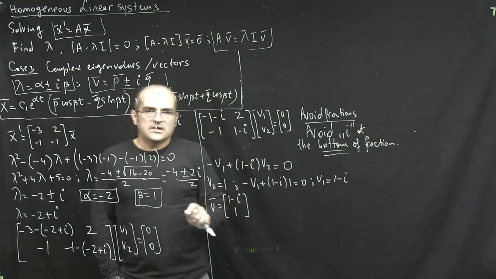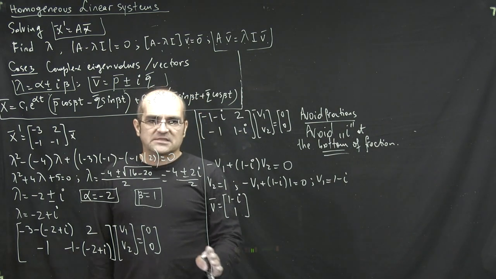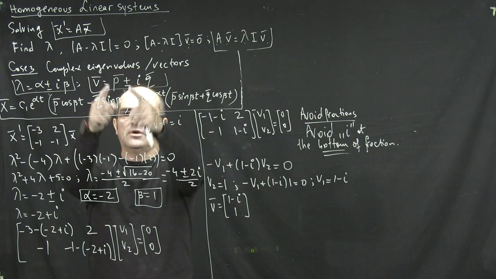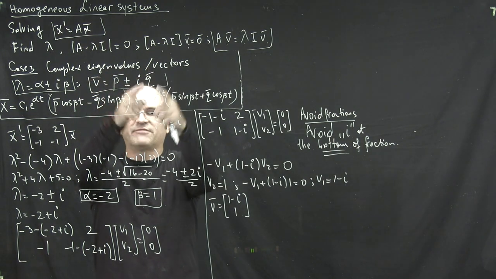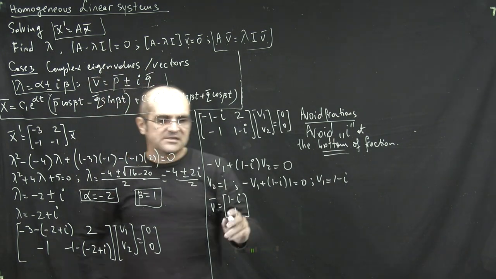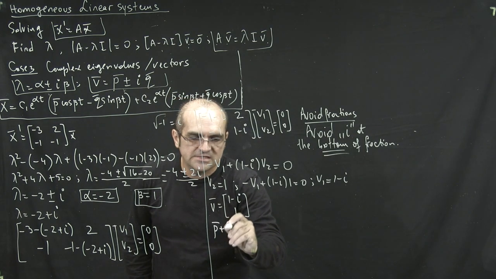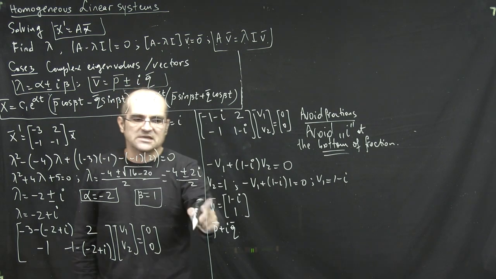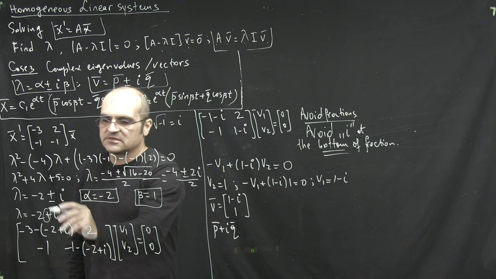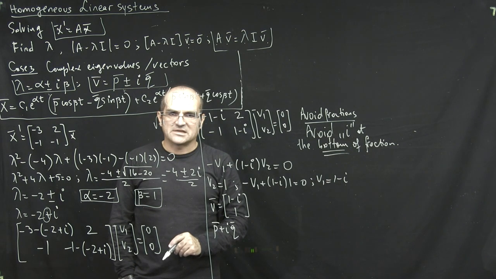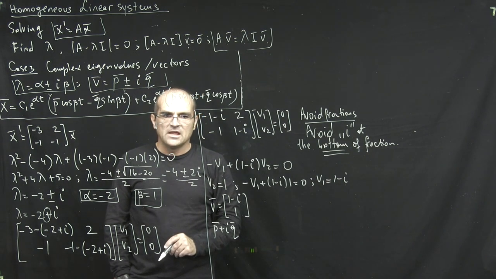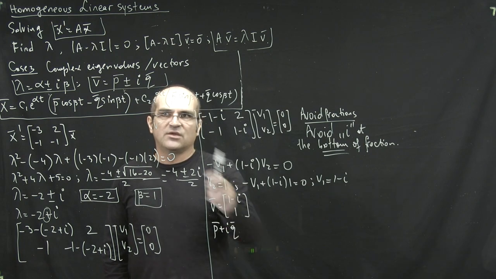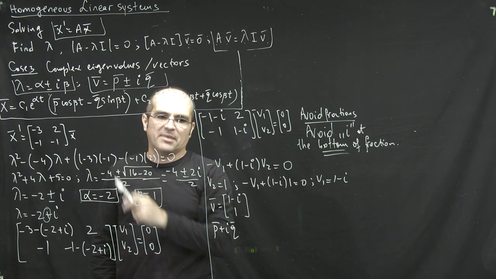Here's another little trick to make things easy and fast at this point. This must be split into a vector plus another vector times i. So you have to basically write eventually this V bar as P plus, not minus, i times Q. Why plus? Because I use lambda with plus between alpha and beta. The easiest way to make this split is to write both entries in the form alpha plus or minus i beta.